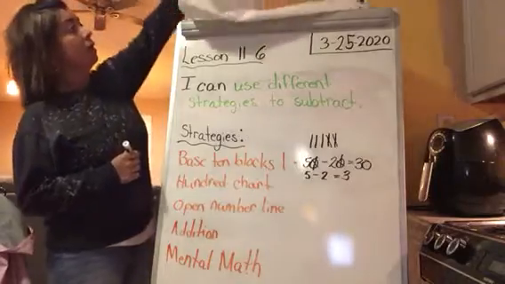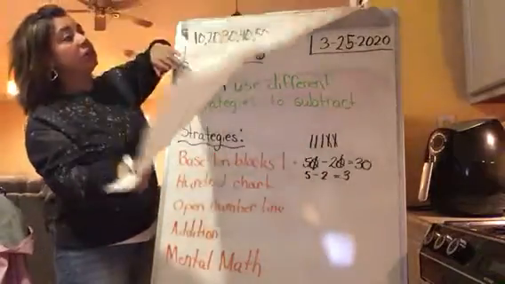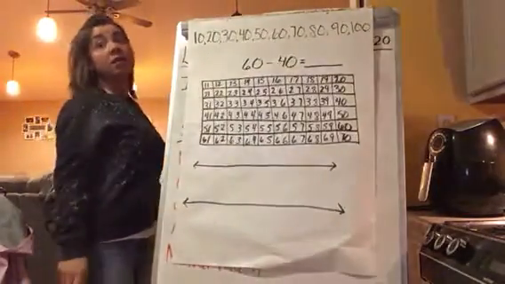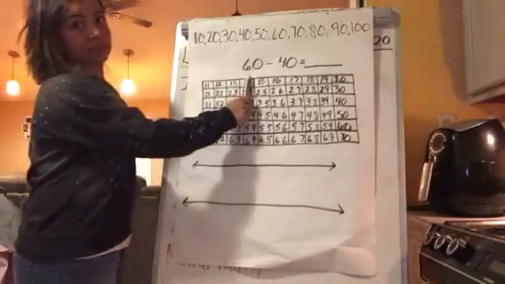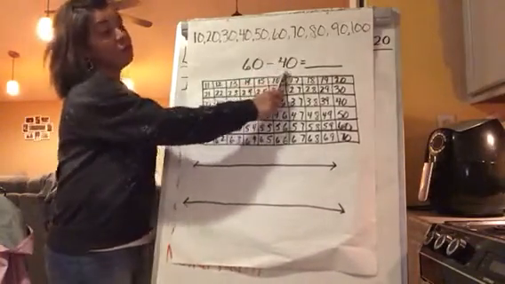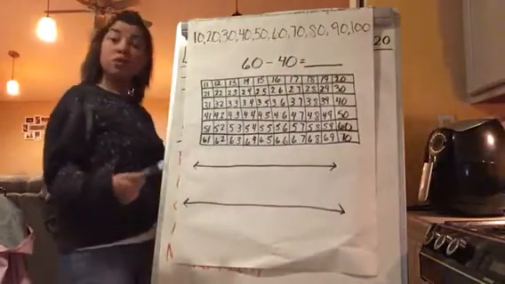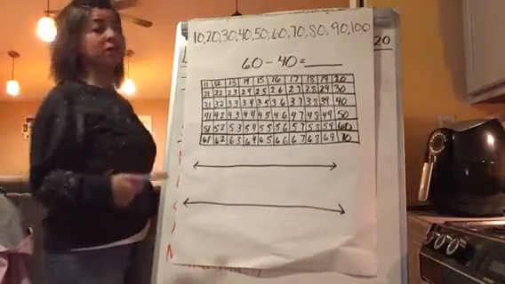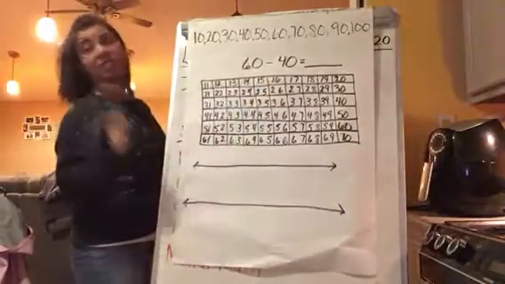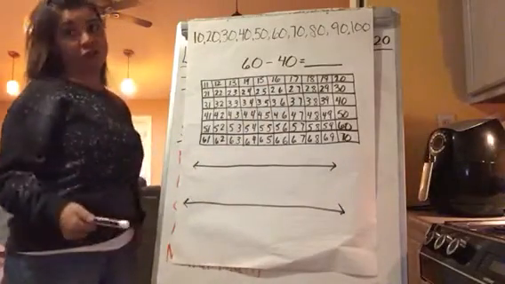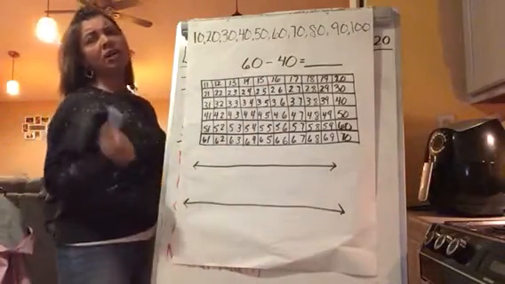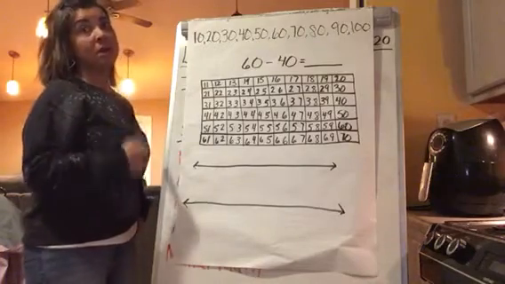Now, here is an equation. The equation says 60 take away 40 equals blank. Now, what are we looking for? That's right, we're looking for the difference. What do we already know based on our equation?